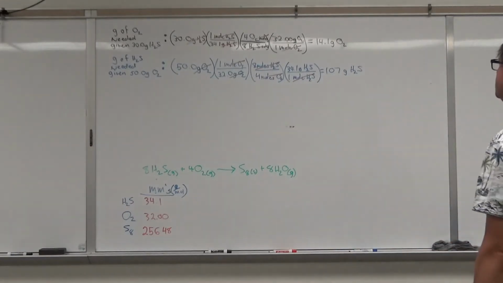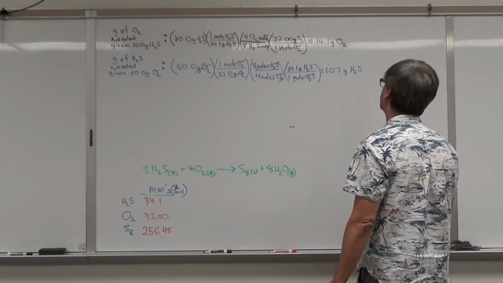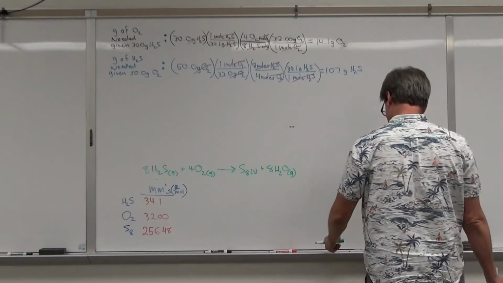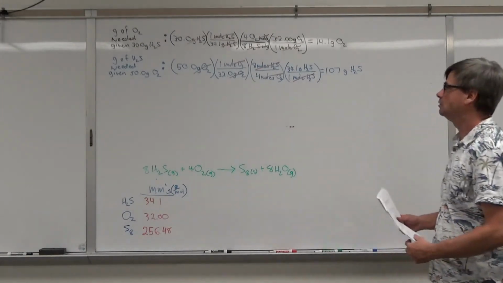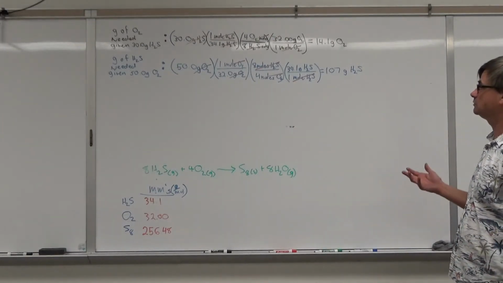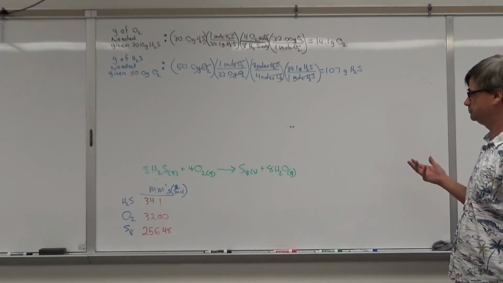We have 30, right? So definitely hydrogen sulfide is our limiting reagent. So we can now figure out our theoretical yield of sulfur.